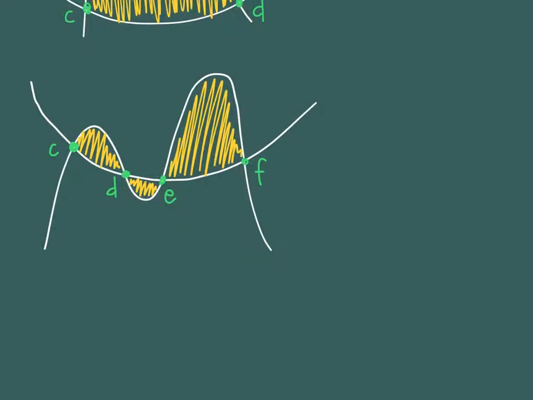As you set up the area, you'll have the first integral, which goes over the interval from C to D. In that case, the upper boundary is formed by f of x, and the lower boundary is formed by that g parabola, dx.